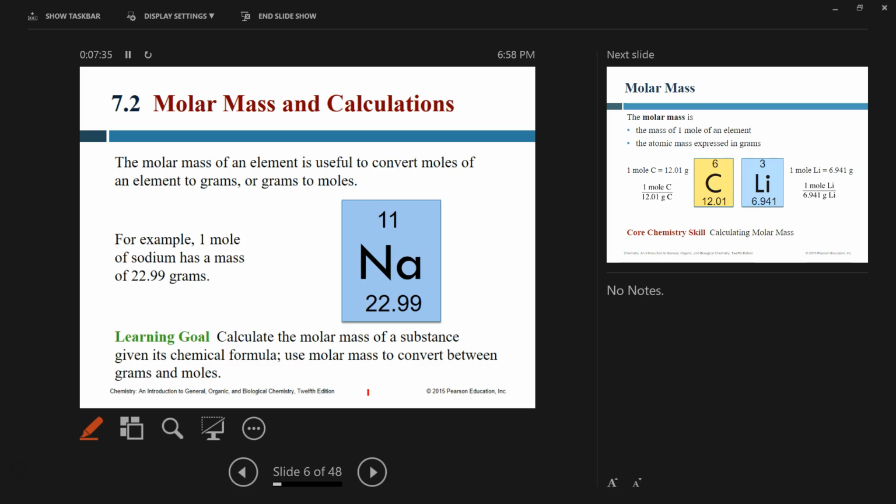Does that make sense? So we call it a molar mass. Molar mass is the mass of 1 mole of an element. So let me give you an example. For instance, how many atoms are in 1 mole of sodium?